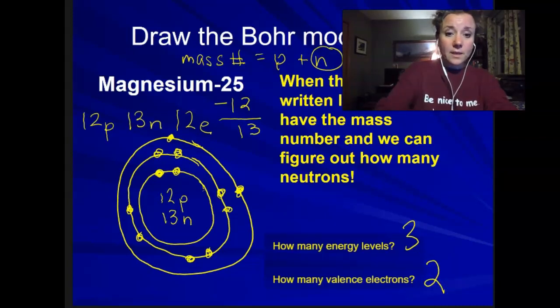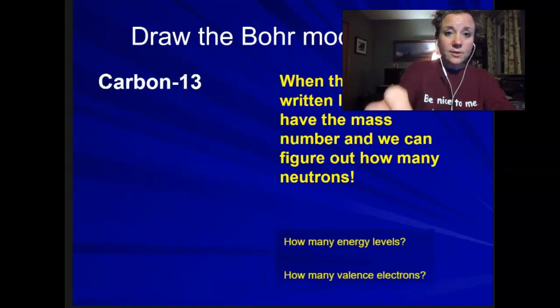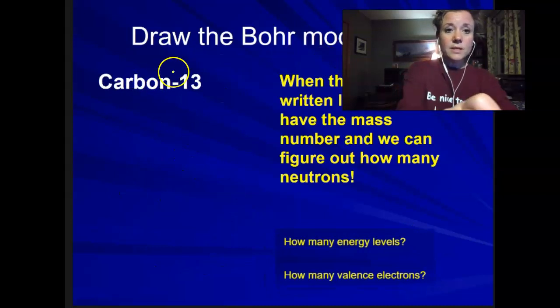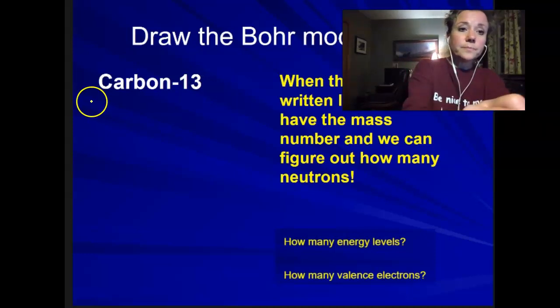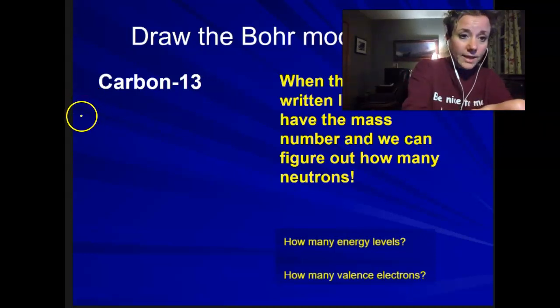All right. Let's do one more together. Here we have carbon-13, so carbon 13. And again, since I have the mass number here, I can figure out not only protons and electrons, but I can also figure out neutrons. So I have 6 protons.